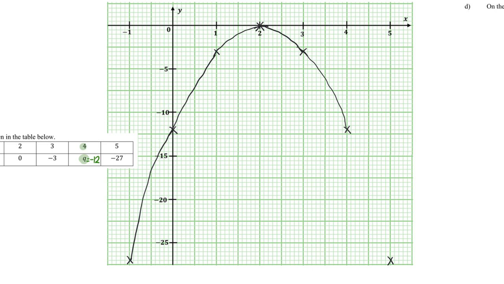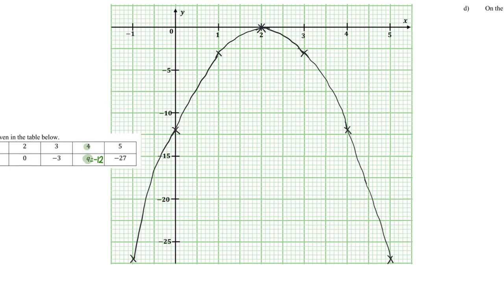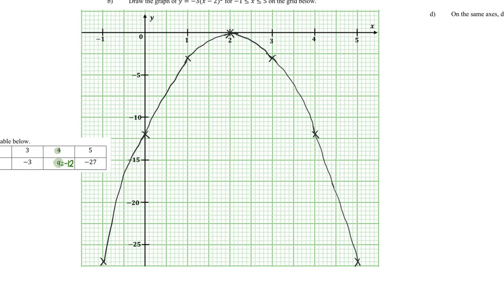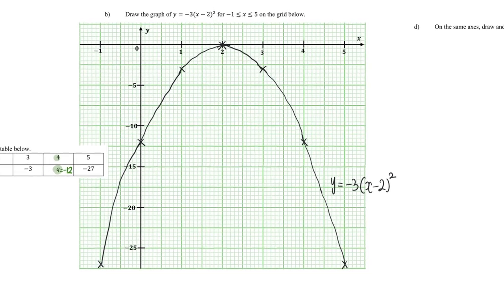Eventually you will reach somewhere here, and you should see the shape as such. Do remember to also write down the equation of the line. And we are done with part B.